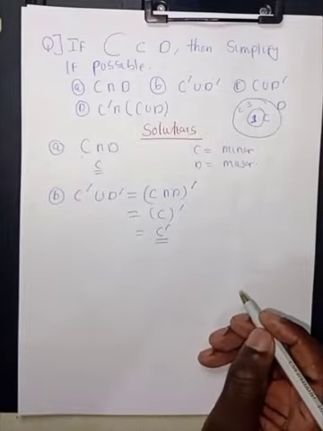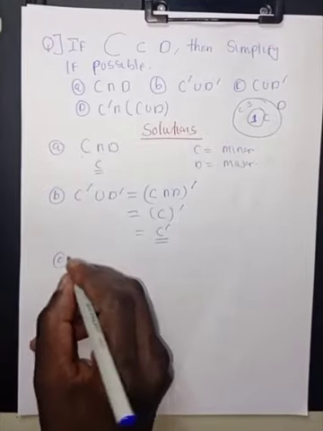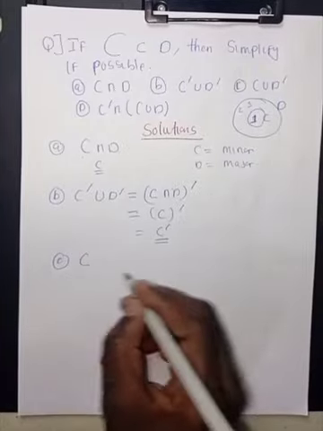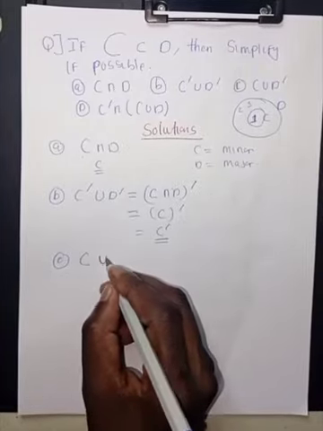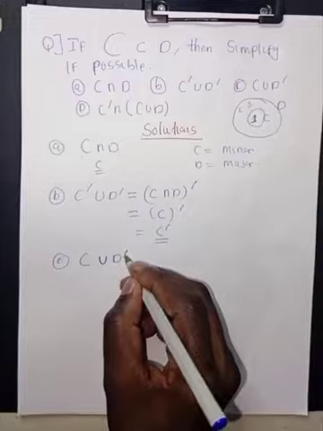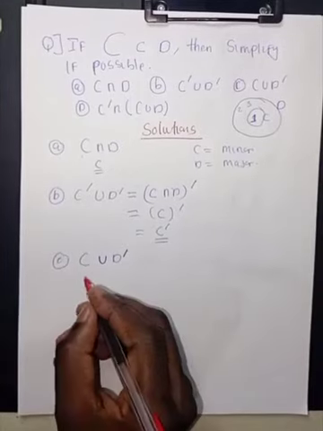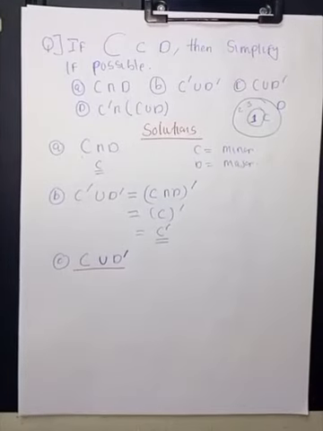Now let's go to part C. Part C is where we have C union D complement. This is interesting. Where C is a subset of D, there's nothing we can simplify further here, because we have no direct relation.